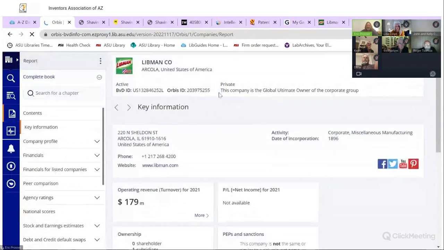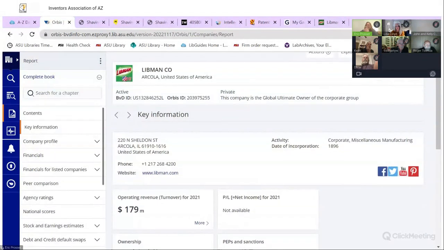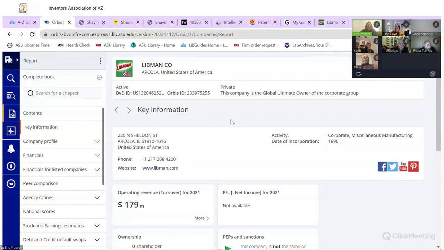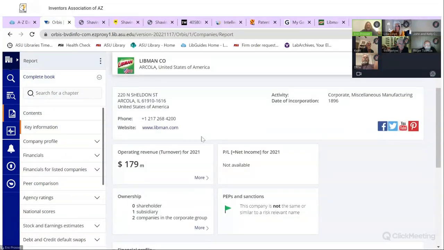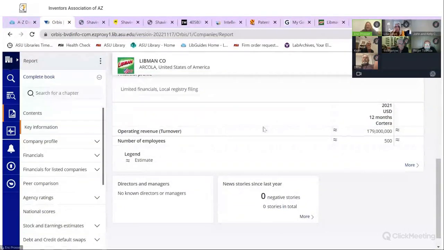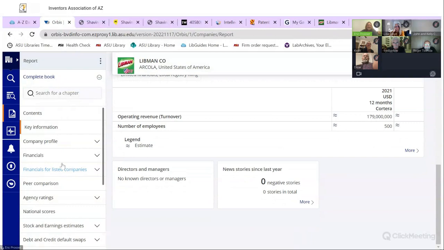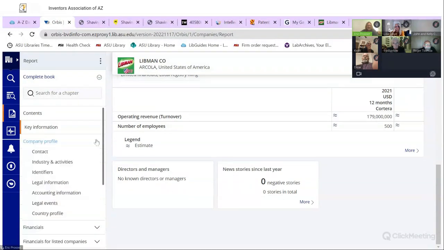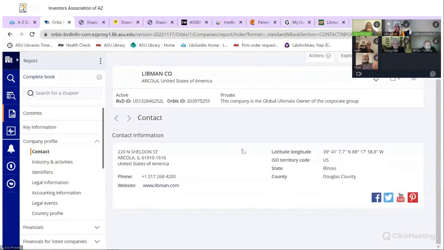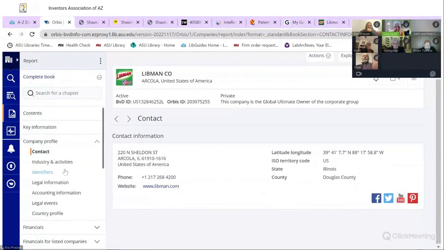Here's Libman for you. Because when you said mid-size, I thought, it's got to be out there somewhere. Yeah, they're at 179 million. So let's see what we've got in here. It talks about your number of employees again. No known directors or managers. That's interesting. Let's see if there's anything in here that has contacts. As I recall, they're a family-owned company. That's their general information there.